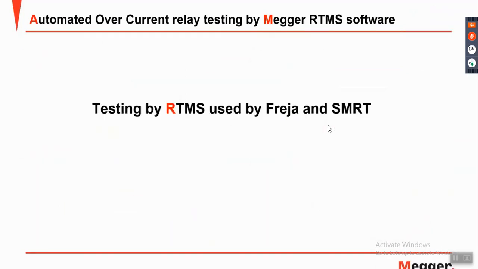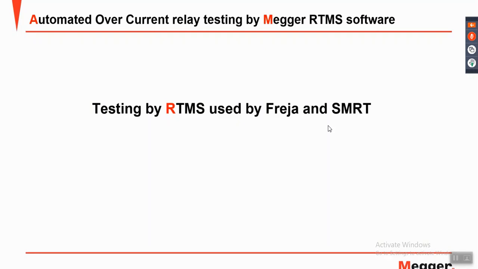Now, how can we test? We can test also with the automated test by using the RTMS software. At the end of this session, we will have a live demo with the relay. We'll connect our Fraser directly to the relay, and we'll test from the Fraser on board without using a laptop. We will do it with the B142 MICOM relay.